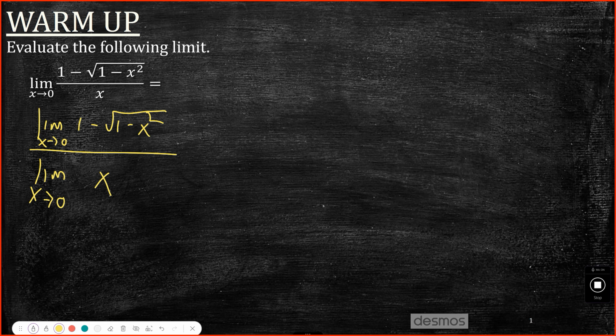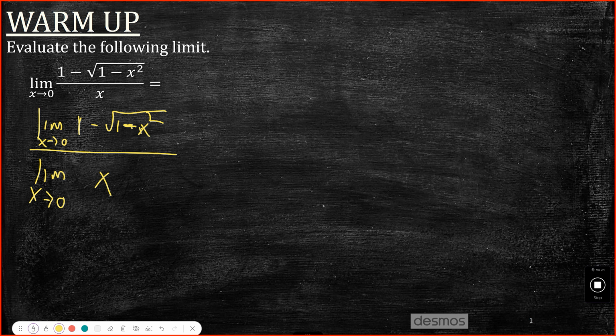So when I do a limit as x approaches 0 and I plug in x equal to 0 here, I'm going to get 0 squared is 0. 1 minus 0 is 1. The square root of 1 is 1, and 1 minus 1 is 0.